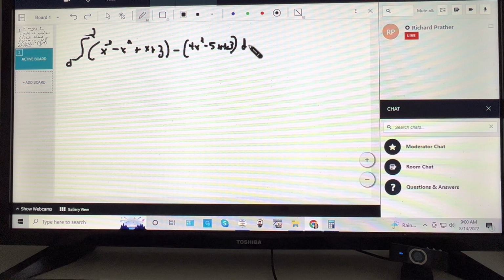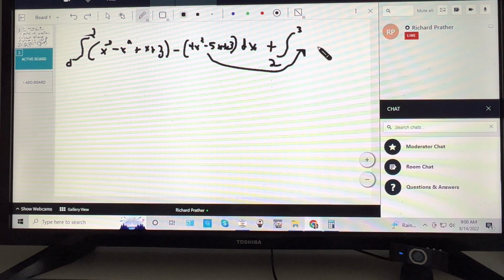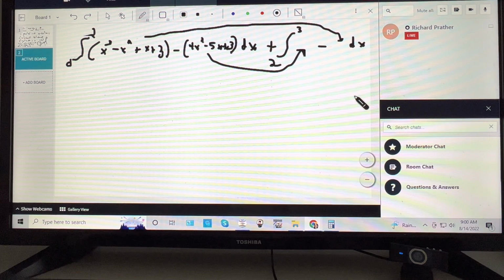So that's the first integral we're going to figure out. And then we're going to add to it from 2 to 3, where these things reverse. So this one's first minus that one, because then the quadratic function is above the cubic function from 2 to 3.